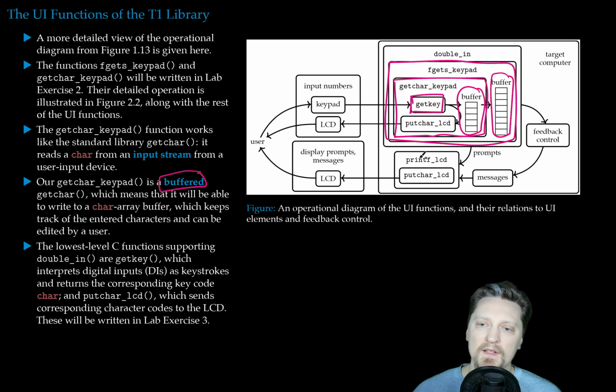And put care LCD, which is both here, printf LCD, and here in get care keypad, which sends corresponding character codes to the LCD. So these are doing one character at a time, very low level interaction. Okay, so these are going to be written in lab exercise 3, those lowest level functions.